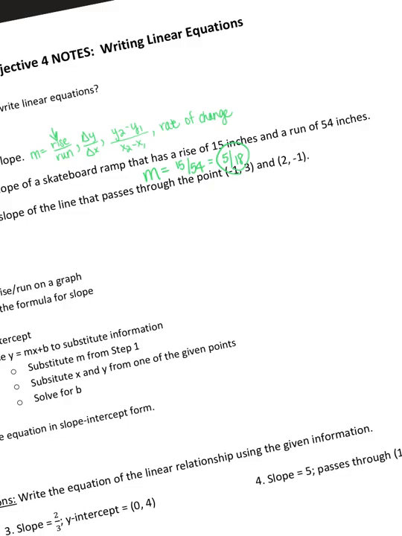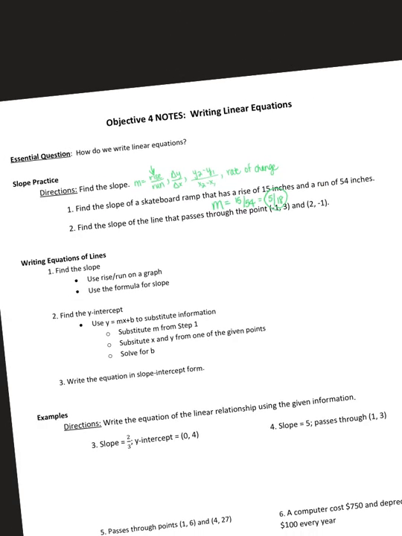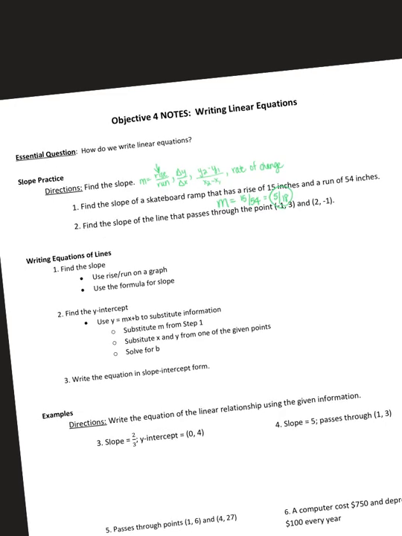In the second example, it asks us to find the slope of a line that passes through the points (-1, 3) and (2, -1). For this one, we're going to use the formula: slope is equal to y sub 2 minus y sub 1 over x sub 2 minus x sub 1. We're going to substitute our values in.